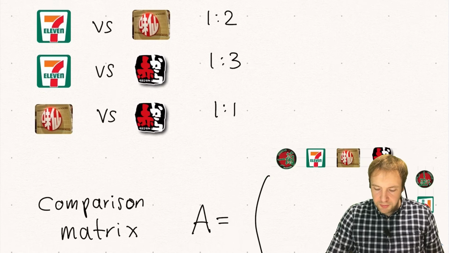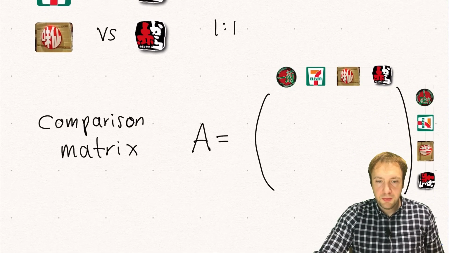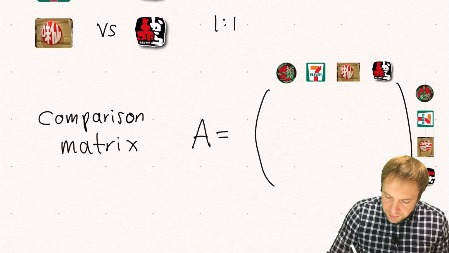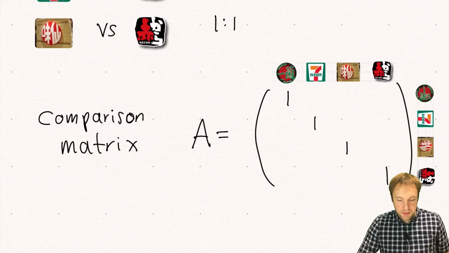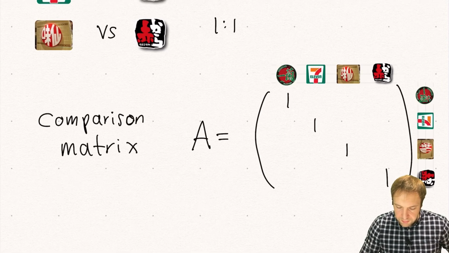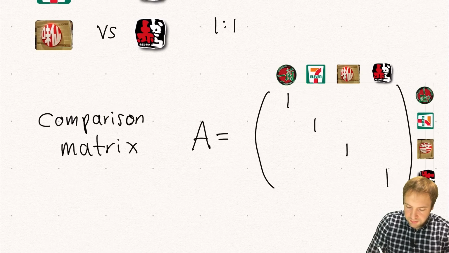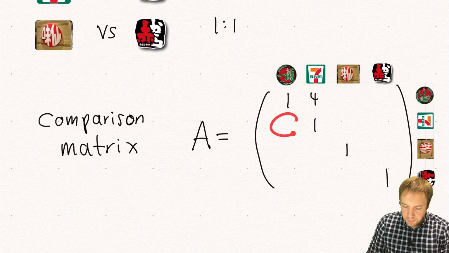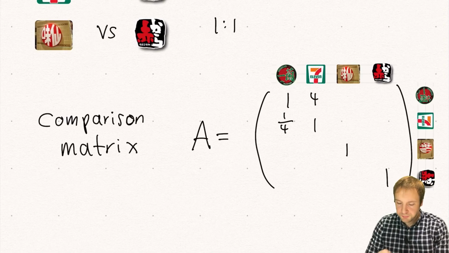So what we do now is we write these comparisons into a matrix. First on the diagonal it's clearly 1. And so again 711 and Ichidan, I said Ichidan is 4 times better. But this on the other hand then also automatically gives me this entry. 711 to Ichidan is always the inverse.